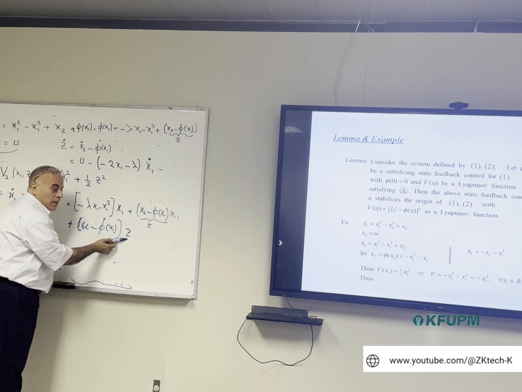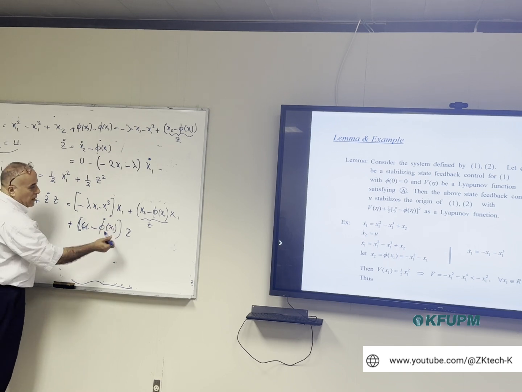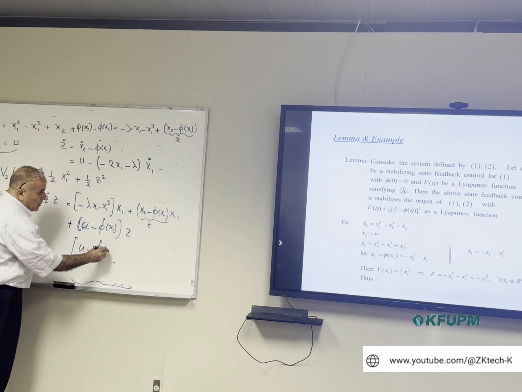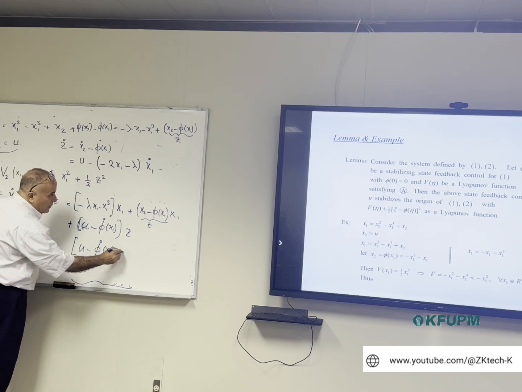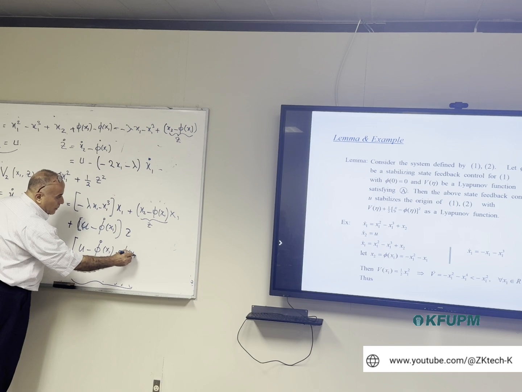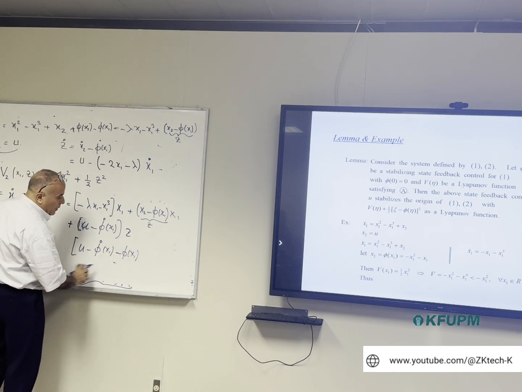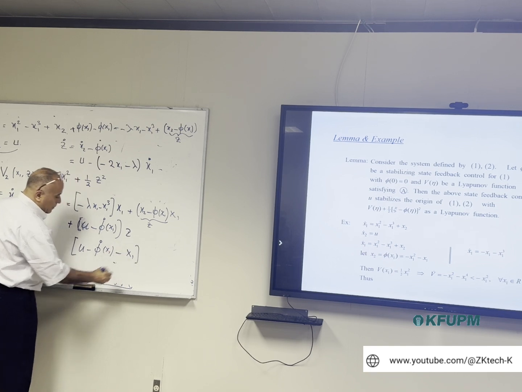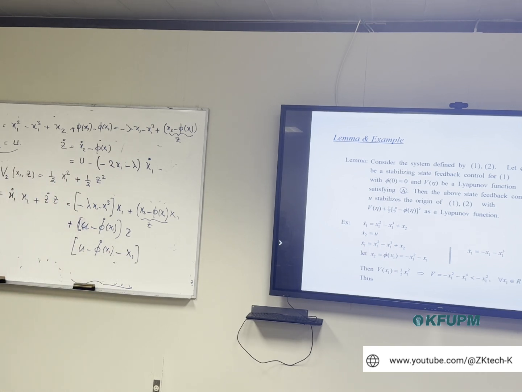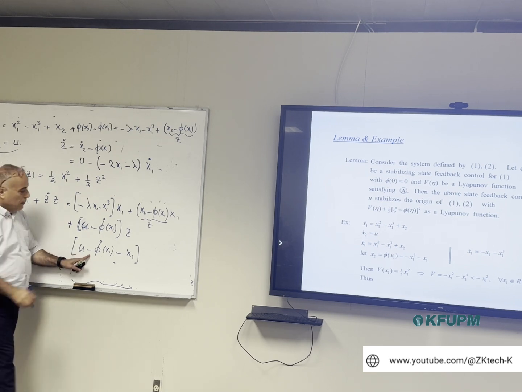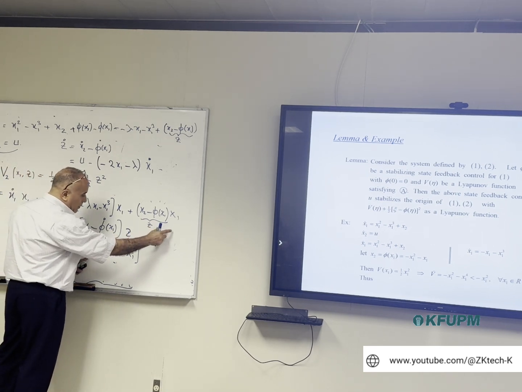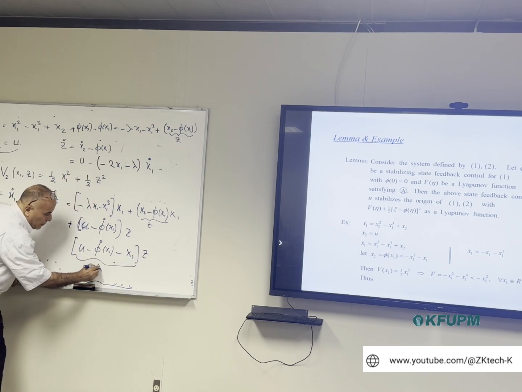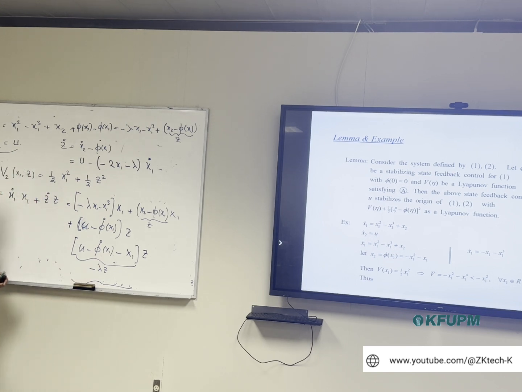Everybody's okay with this? So basically we take z as a factor. Z as a factor will give me u minus phi prime as a function of x1, minus phi of x1, multiplied by, not phi of x1, minus x1. Right, so this is this term and this term, the whole thing multiplied by z. I take this and I make it equal to minus lambda multiplied by z.